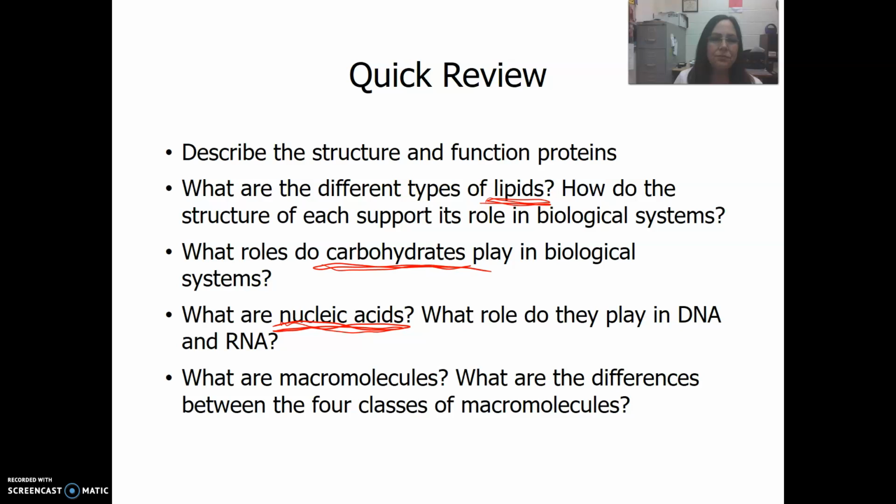And remember to know the comparison between DNA and RNA. They have two different types of sugars. RNA has uracil, DNA has thymine, and then DNA is double-stranded, RNA is single-stranded. And macromolecules are large molecules. They're polymers. And the four classes are lipids, proteins, carbohydrates, and nucleic acids. They're right here.